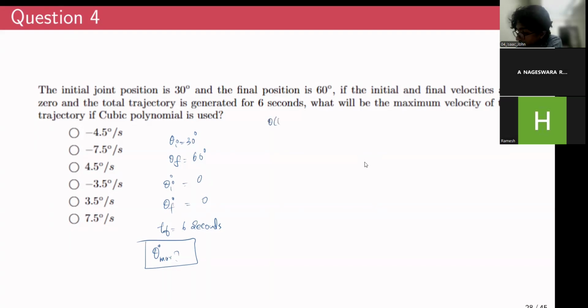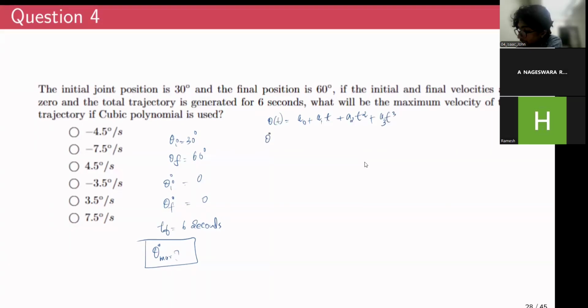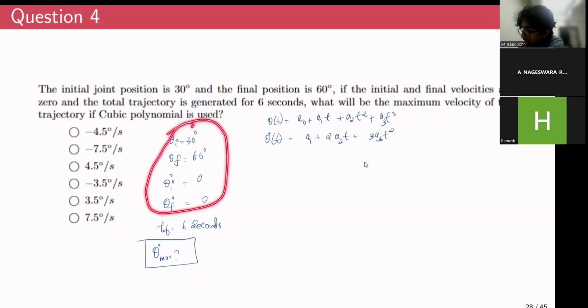Theta of t would be a0 plus a1t plus a2t square plus a3t cube. And if I take the derivative, theta dot of t would be a1 plus 2a2t plus 3a3t square.